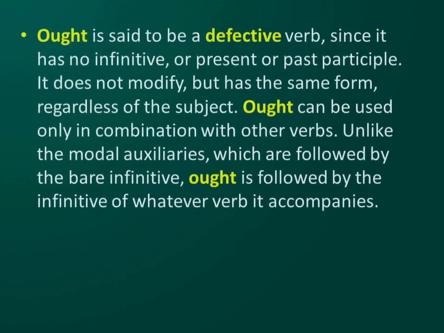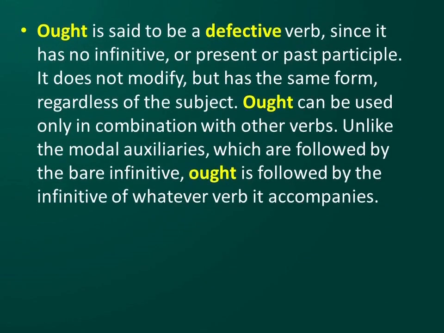Ought is said to be a defective verb, since it has no infinitive, or present, or past participle. It does not modify, but has the same form regardless of the subject. Ought can be used only in combination with other verbs. Unlike the modal auxiliaries, which are followed by the bare infinitive, ought is followed by the infinitive of whatever verb it accompanies.